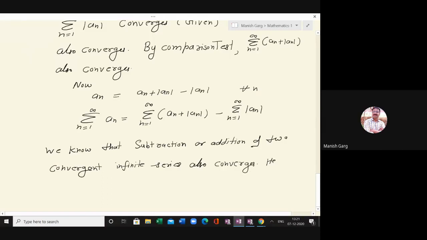Hence, you can say this series, the sum from n equals 1 to infinity of an, converges.